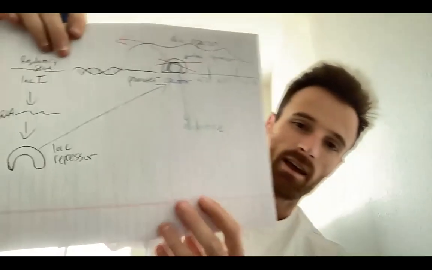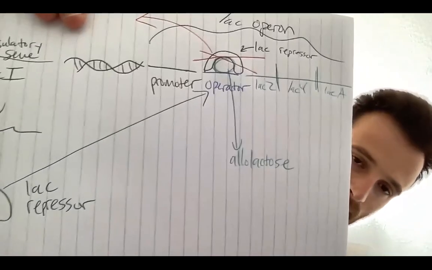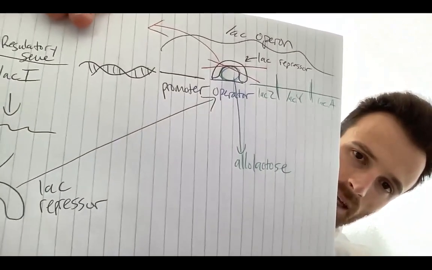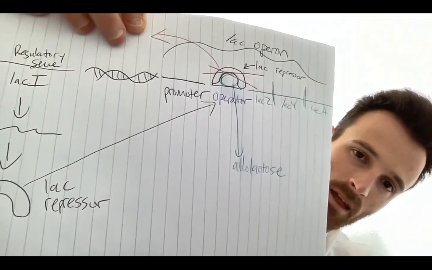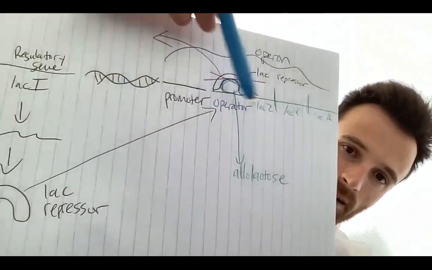So I'm going to represent that with a red X, because I'd probably use an eraser in real life on the whiteboard, but it leaves, it detaches, it bails. And so this area is freed up for RNA polymerase to then transcribe.